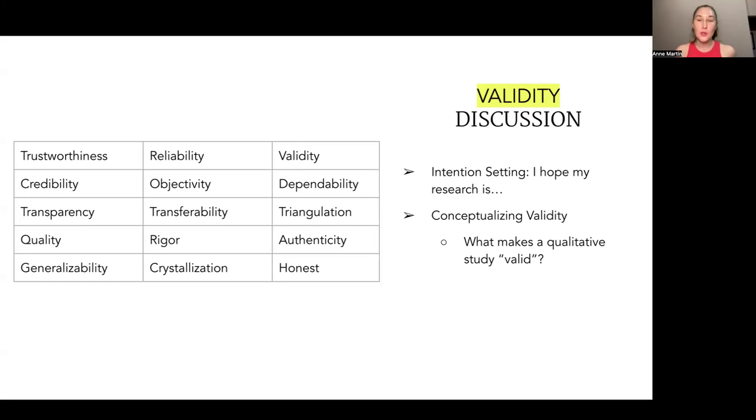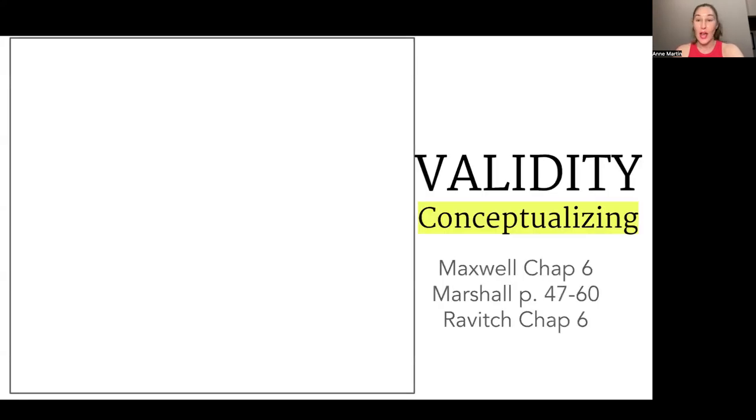So oftentimes you will see multiple of these chosen because there are different definitions within these. These are all not perfectly synonymous. And so a researcher might have one element that they define as trustworthy and then have transparency demonstrated in other aspects. So here are some of the words to look for, and you might see different researchers use different definitions or are more resonant with different conceptions. So think about that and look at that in your own work as well, how you are going to talk about it.